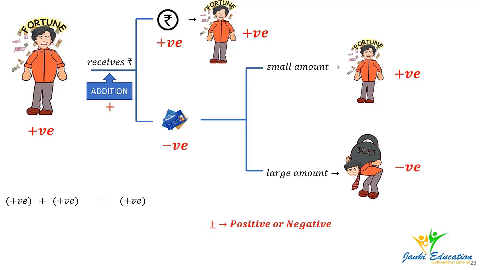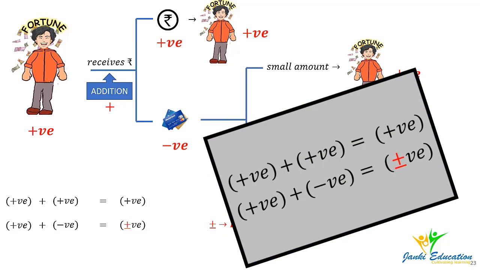It will be read as positive or negative. So here you can understand positive plus negative always results in positive or negative. Now when does it result in positive and when in negative, we will take care of that later on. Here you have to remember these two formulas, right?